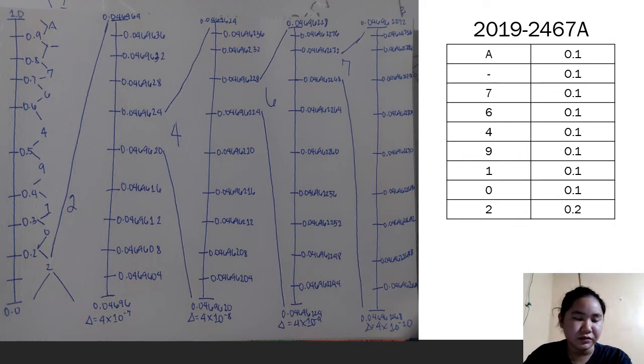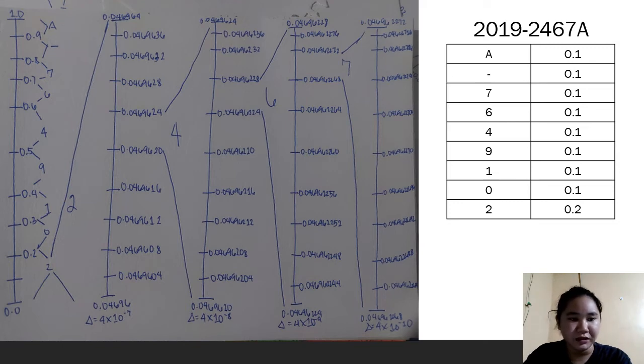As is, since 2 is repeated again, we will be using its position from the previous example. So from there, the lower boundary is 0.04696 and the upper is 0.046964. So upper boundary minus lower boundary divided by 10 is 4 times 10 raised to negative 7. So this will be the interval for this.